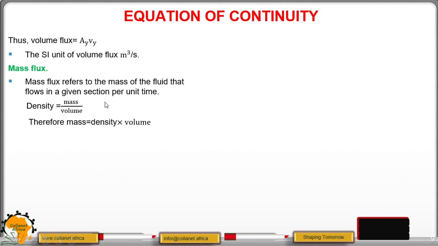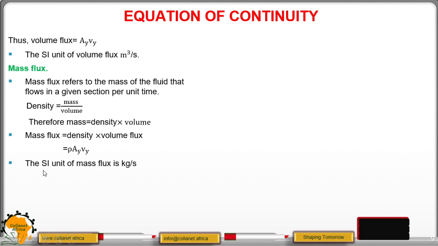If I multiply through by volume, this is what I will get: mass flux is equal to density times volume flux. So you have density, which is represented by the symbol rho, times the volume flux, which we saw is this one. Therefore, the SI unit of mass flux is kg per second.